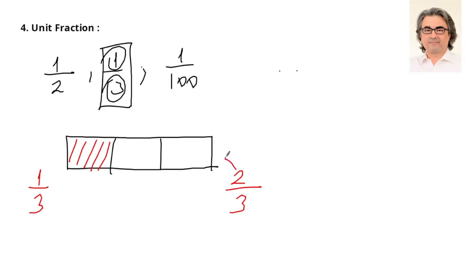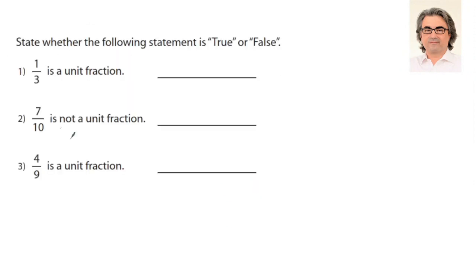The meaning of 2 is the number of non-colored pieces, and 3 is all the pieces, you know. Now let's continue with the next.